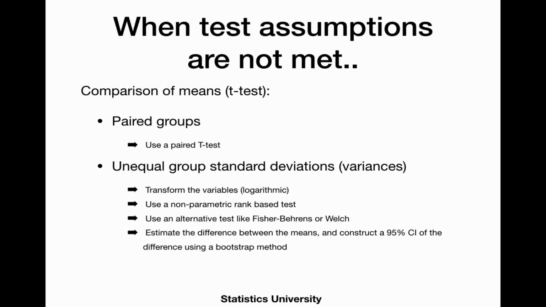And if the group standard deviations are not equal, then we can either try to transform the variables, for example with a logarithmic transformation, or use a non-parametric rank-based test, or less commonly use an alternative test like the Fisher-Behrens or Welch test, or estimate the difference between the means and construct a 95% confidence interval of the difference using something more complicated like the bootstrap method.